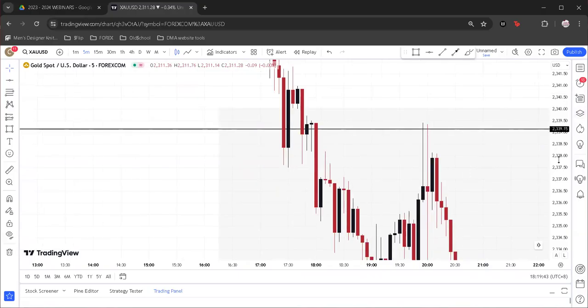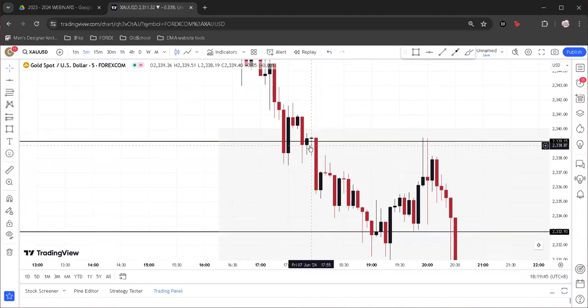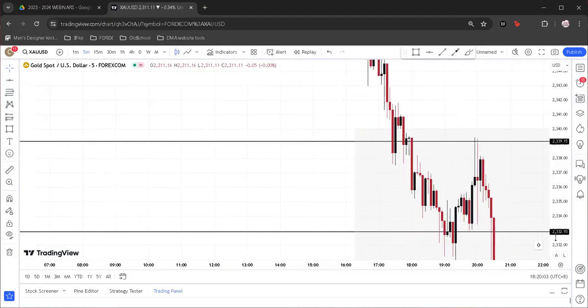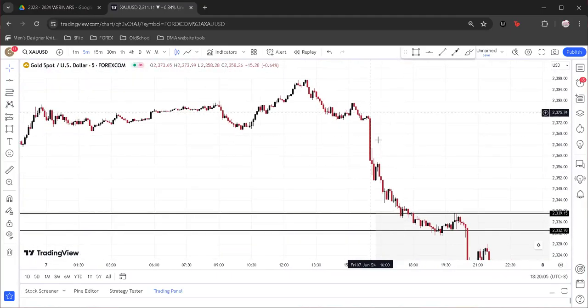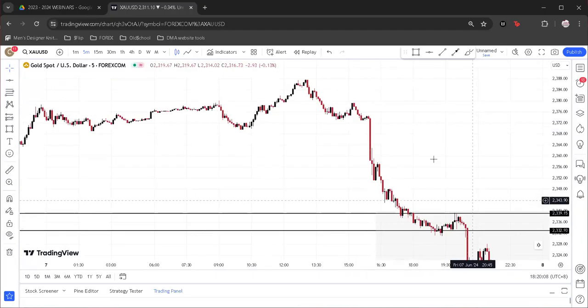But at this particular point, you don't know what is bound to happen because this is basically a slowdown of momentum within the bearish momentum. It's slowing down, so it's 50-50 at this point. You don't know whether it's going to fly up or go down. But on the bigger picture here, you can see that there is a high bearish momentum, high bearish movement here.